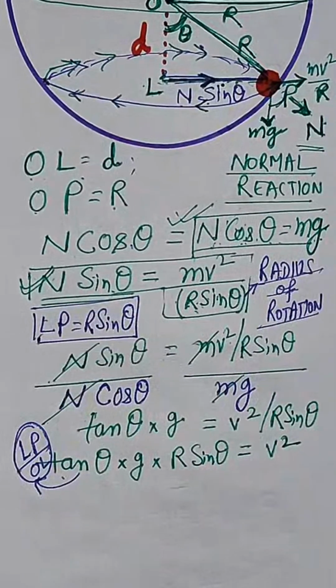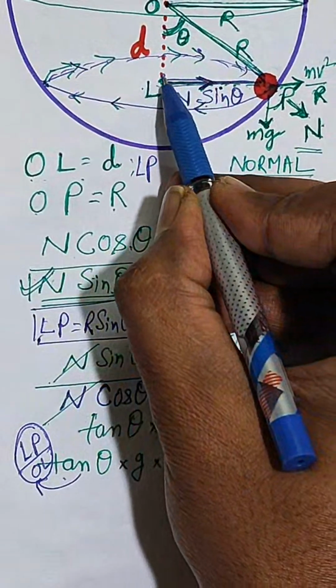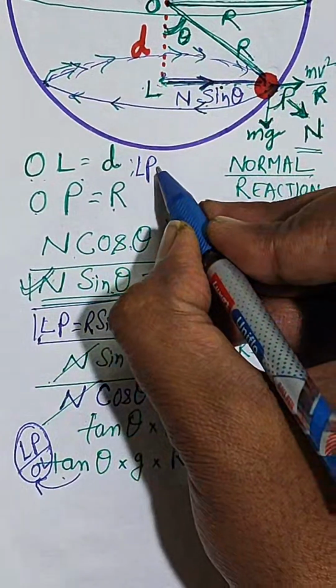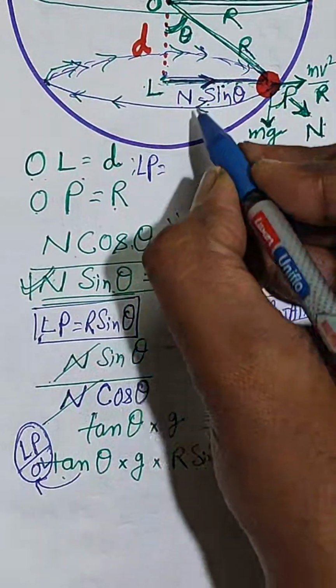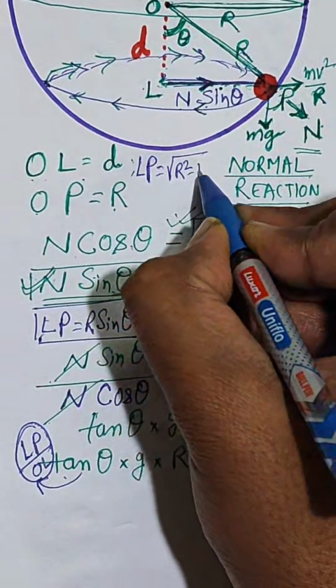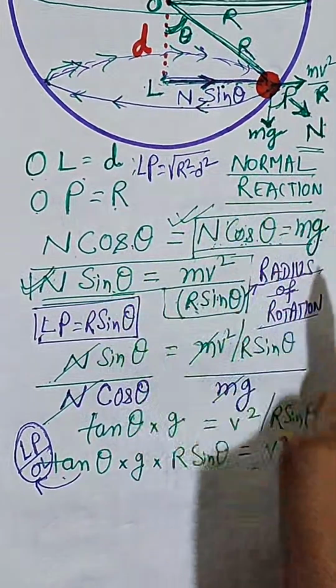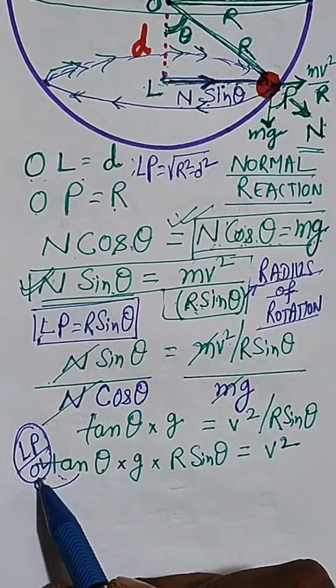you can write LP by applying the Pythagoras. This length LP can be calculated as root over R square minus D square, right? So LP is root over R square minus D square. So for tan theta, it's LP by OL.